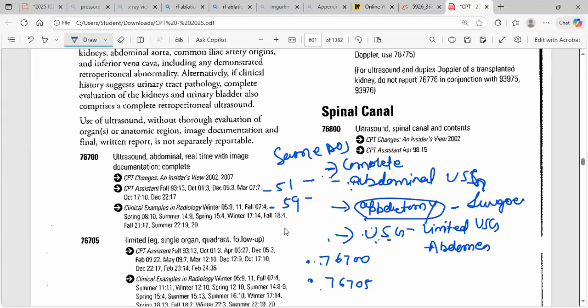So the difference between modifier 51 and 59. 51 represents that multiple procedures have been performed, on the same incision but a different area.